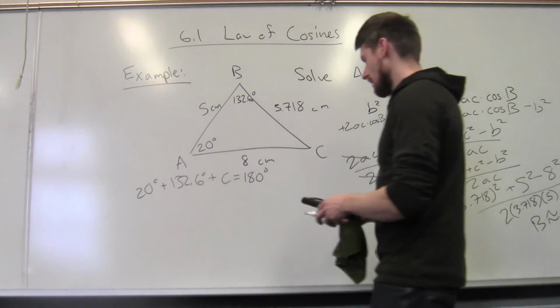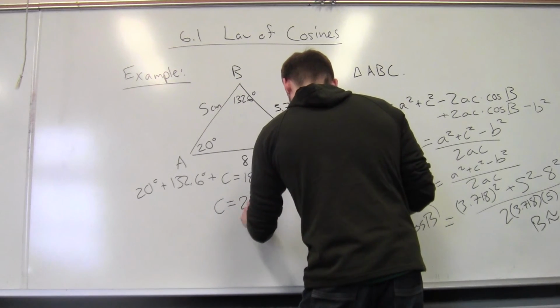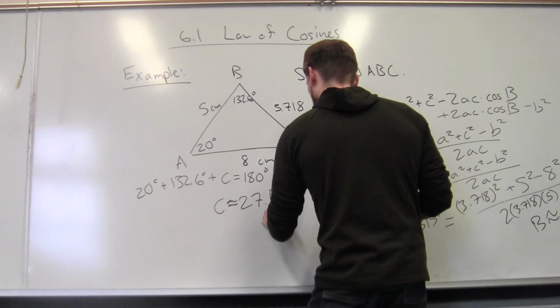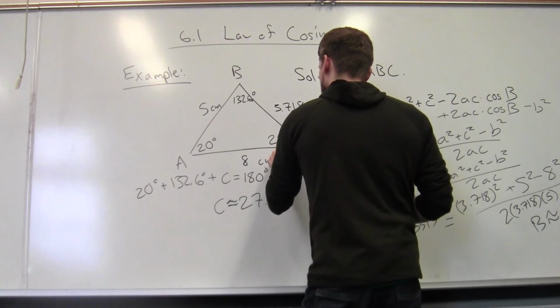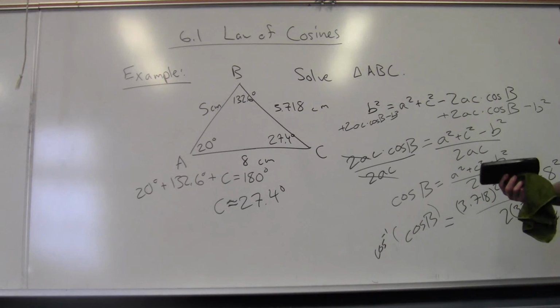Subtract 20 and subtract 132.6, and that's going to ultimately get us c approximately equal to 27.4 degrees. And there we've solved the triangle.